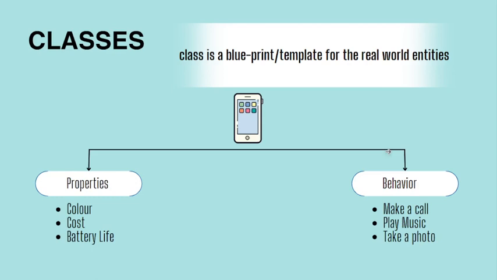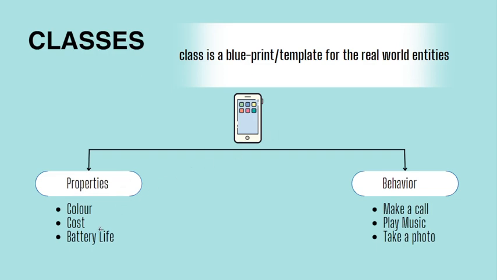Now let's see what a class is. Actually, a class is a blueprint, or we can call it a template, for real world entities. So a class defines properties and behaviors. If we take a mobile phone as an example, this mobile phone is a class as we described in the previous slide. There are some properties for a mobile phone.